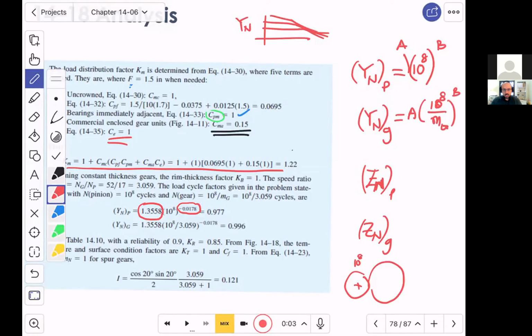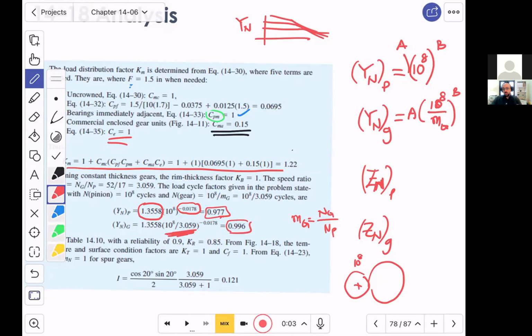What is mg? It is the gear ratio or the speed ratio. mg is n for the gear, which is 52, divided by n for the pinion, which is 17. So you need to divide by that. The difference, look, here we are dividing by it, and then we got Yn a little bit different, but you need to show that you understand this very carefully.